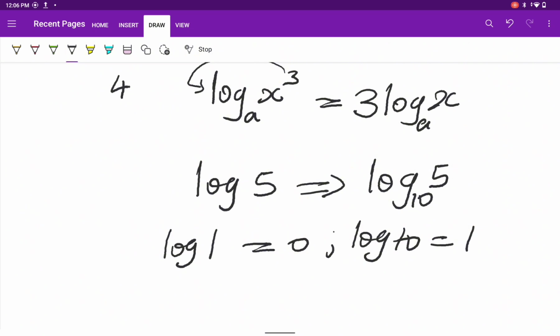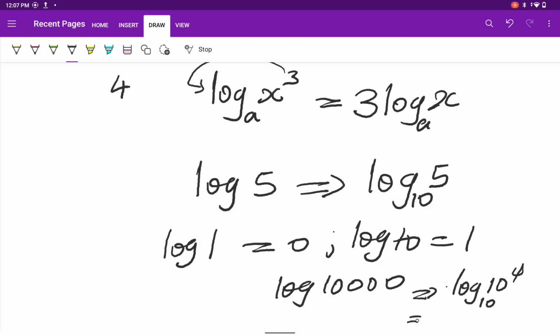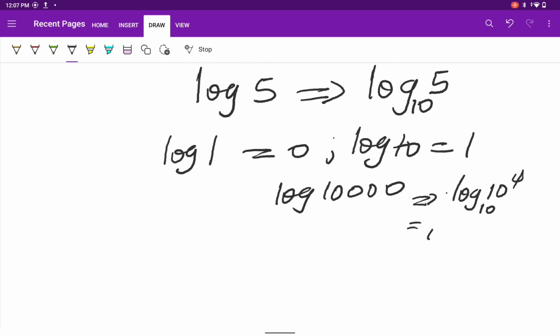And if we keep on adding zeros, we will keep on having such. For example, log of 10,000, so it's 10 to the power 4, because the base is 10. Remember the law, this will be log of 10 to the power 4 base 10. If we bring the 4 to the front, this is going to be 4 times log of 10 base 10, which gives us 4.